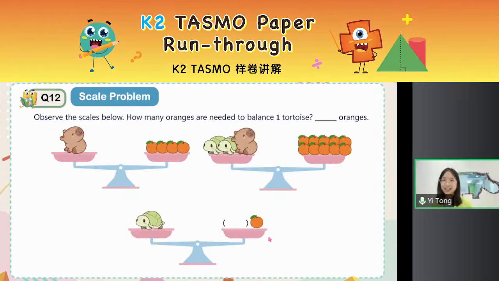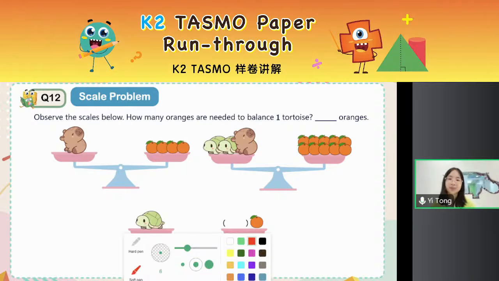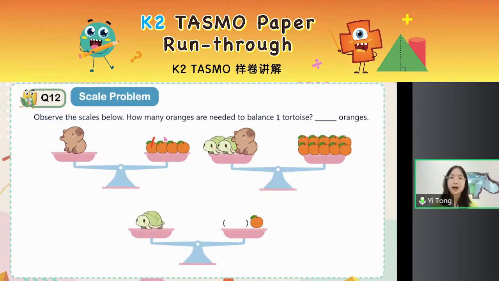Very good. Now look at our scale problem. So for scale problem, we want to start with the smallest unit. Now, which one is the lightest? Capybara, tortoise, or the orange? Orange, right? Now, let's count the oranges. We put a 1, 1, 1, 1. So 4 for the capybara.